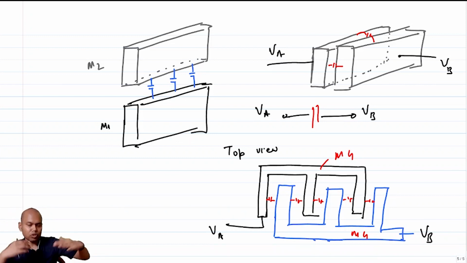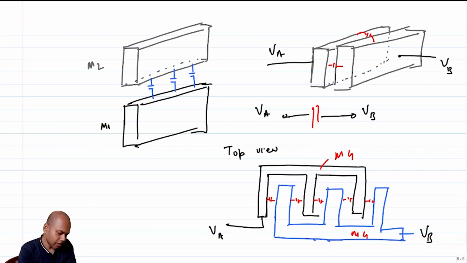Now note that if both of them are at the top metal layer, you are still going to get a capacitance between this top metal layer and the substrate. But firstly, you are going to get the minimum possible capacitance between the metal layer and the substrate, and additionally this extra parasitic capacitance, while being minimum, will also be identical. If this is CM1, this will also be CM1, right?